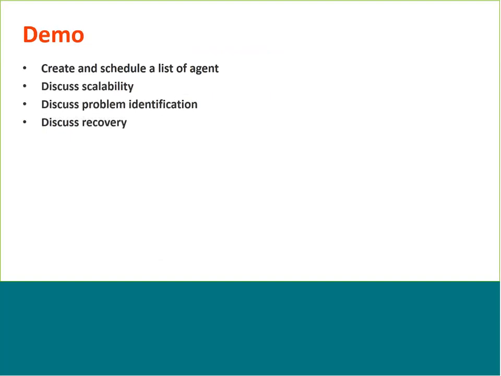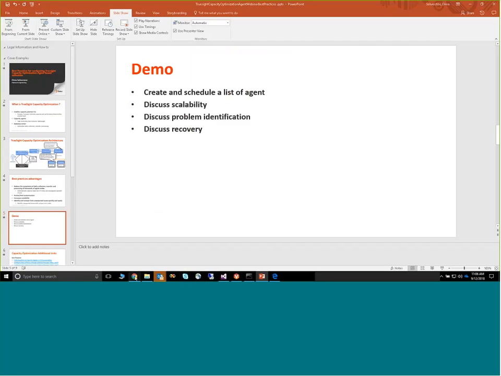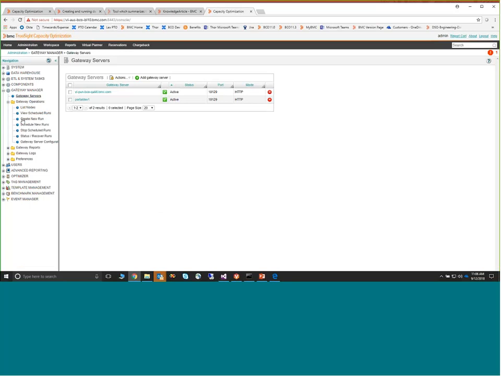So I'm going to give you a demo. I'm going to show you how to create and schedule a list of agents. I'm going to discuss the scalability and some problem identification, as well as the recovery. So let's get started. I'm going to log in to my console.